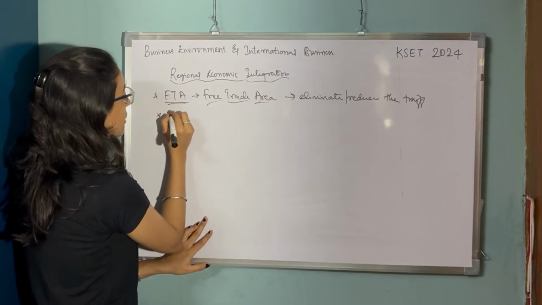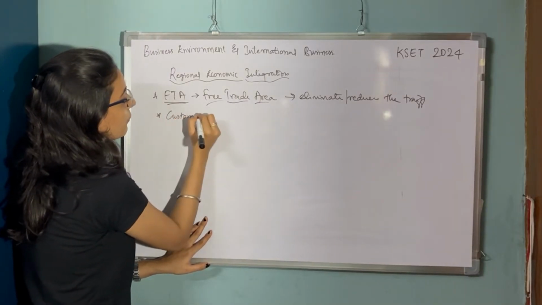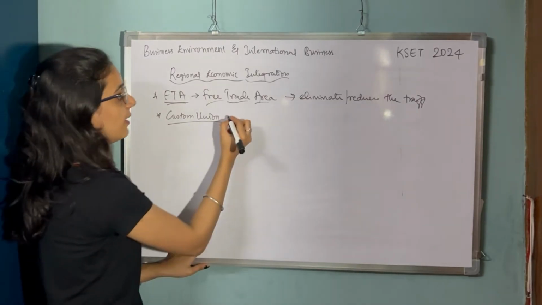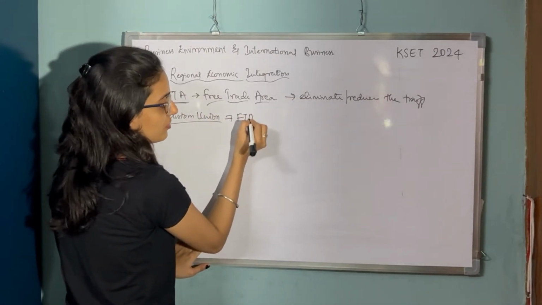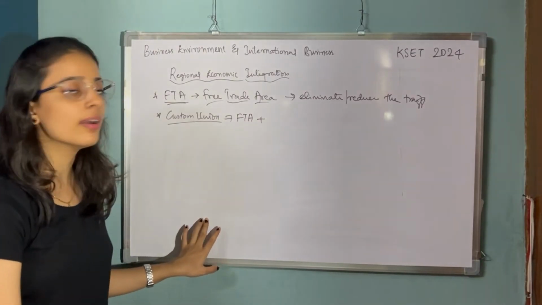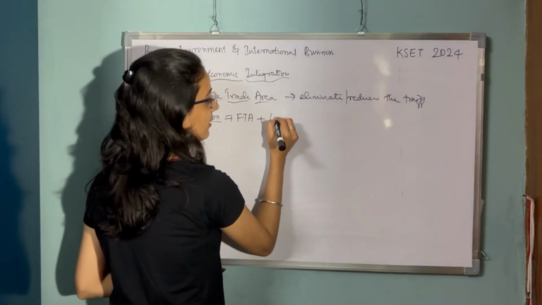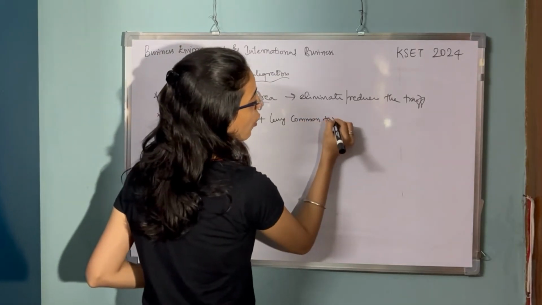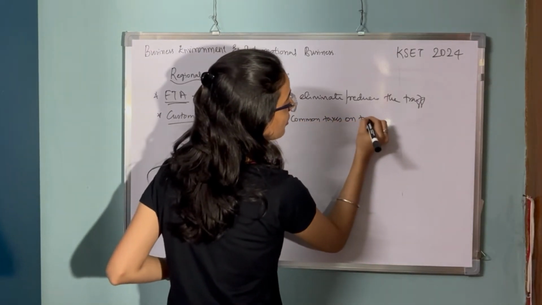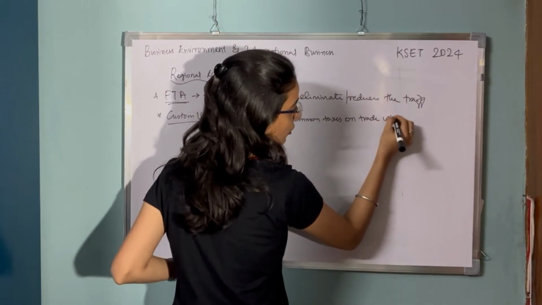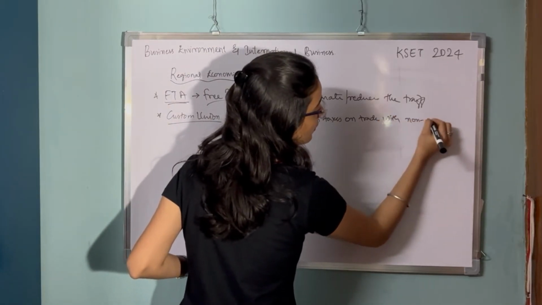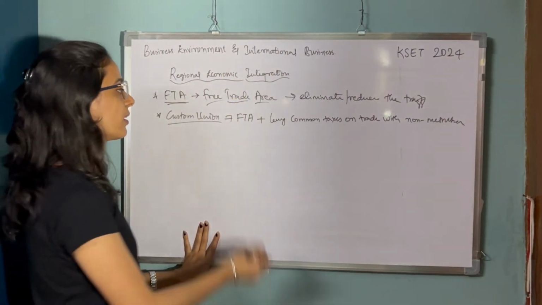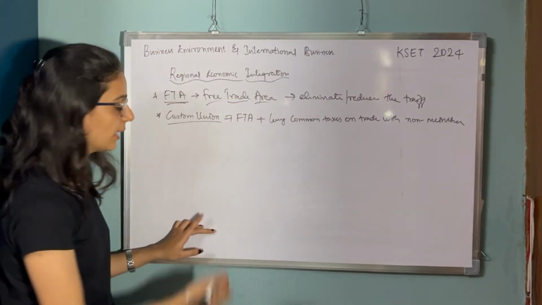Next, there is something known as customs union, which is again similar to FTA, but FTA plus they levy common taxes on trade with non-member countries. Having common taxes with non-member countries is known as customs union.